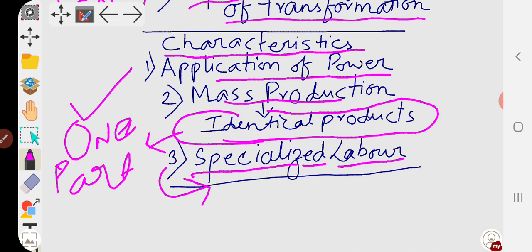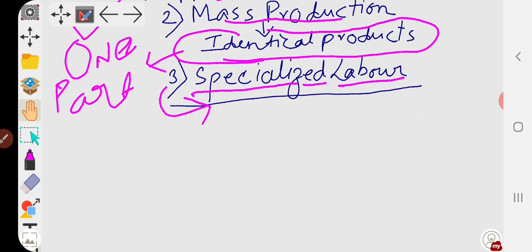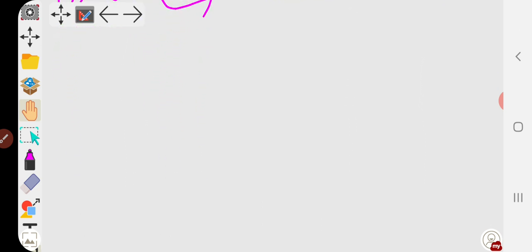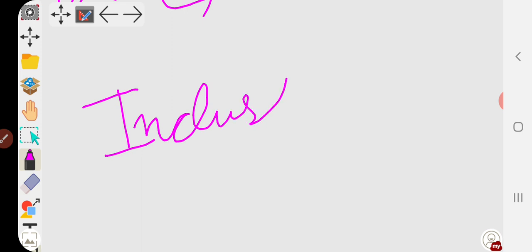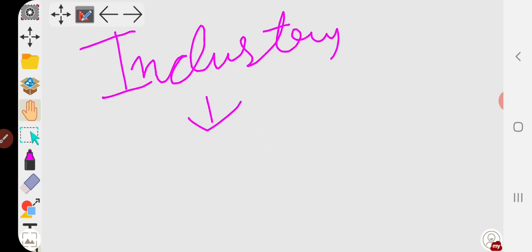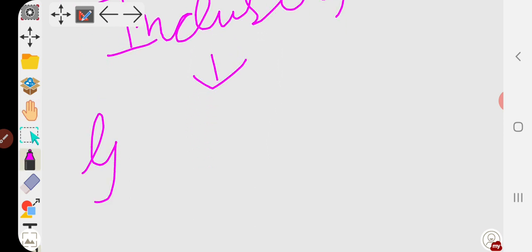Now normally we are adding one word with it, manufacturing industry. Now industry means what? Industry is actually a geographical site or a location where the process of manufacturing is held out.